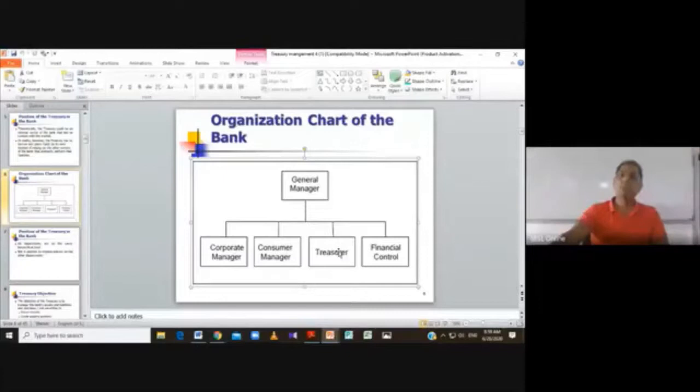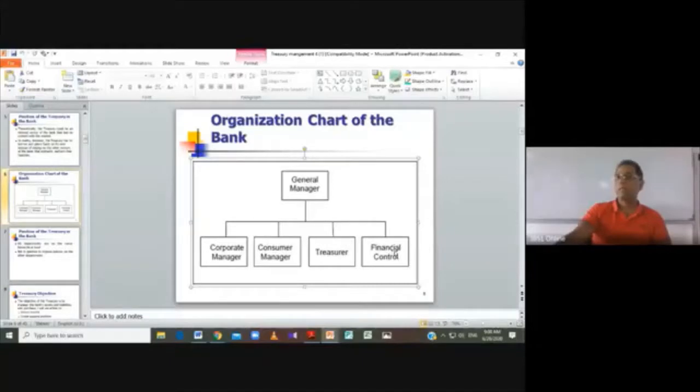For example, the liquidity ratios and the capital adequacy ratios are looked at from the financial control section independently. By doing that, they see whether what the treasurer is doing is correct. If there are numbers that don't look very good, financial control will raise it to the treasurer and say, look, I don't think it's right, and then there will be an investigation to see whether this is correct or not.